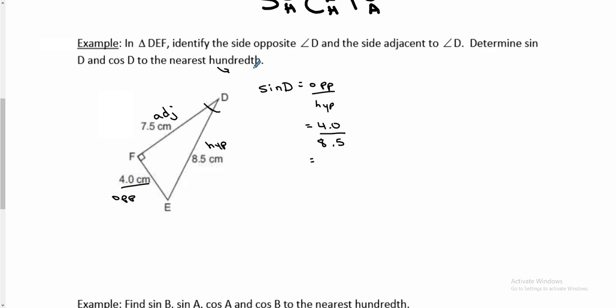This says to the nearest hundredth. Should be to 4 decimal places, which I know is not hundredth. So 4 divided by 8.5, to 4 decimal places, is 0.4706. So 10,000th.